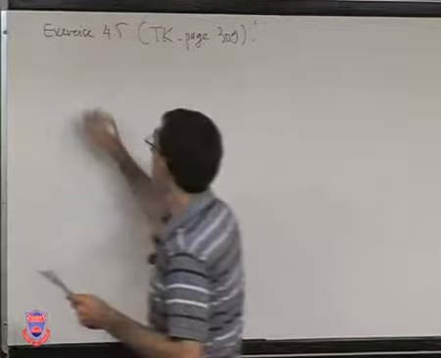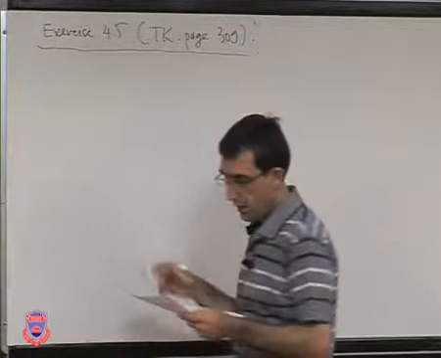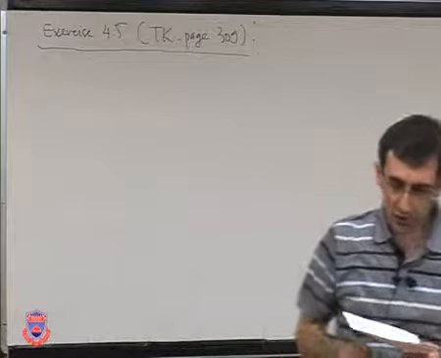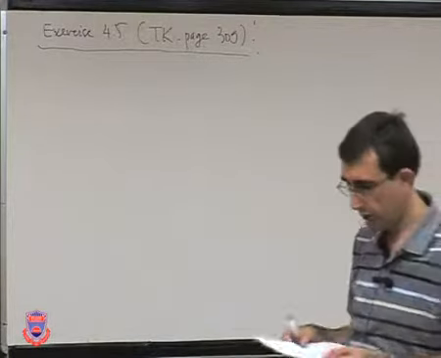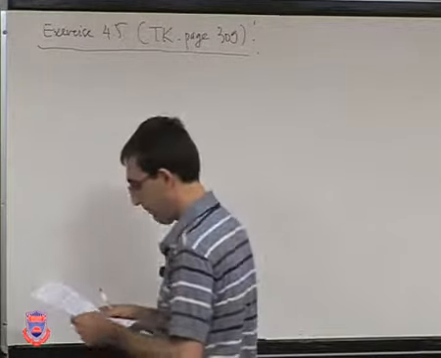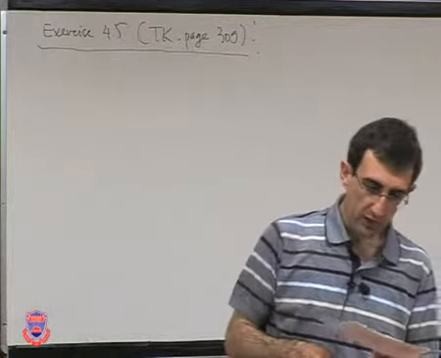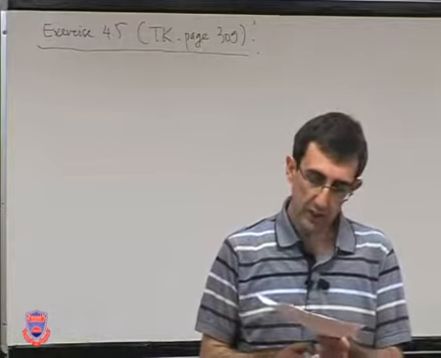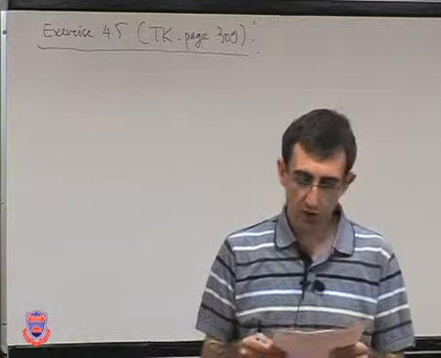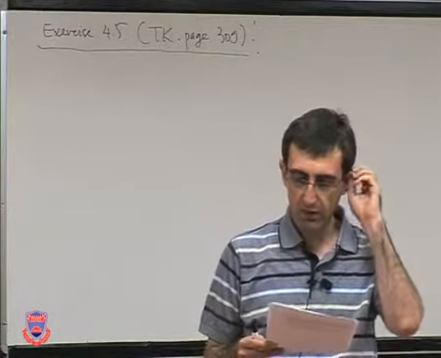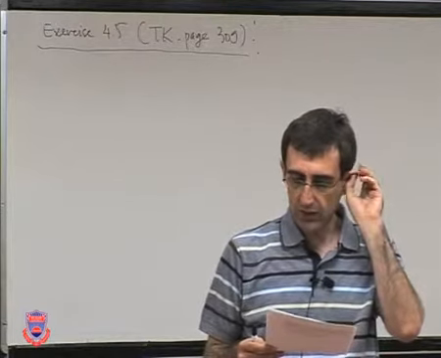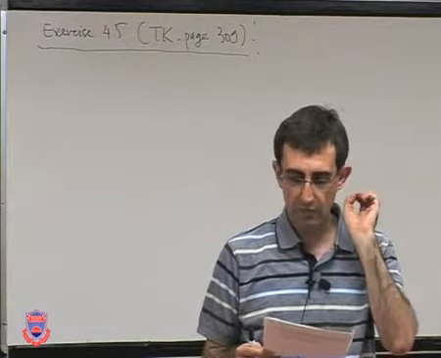Now customers arrive at a certain facility according to a Poisson process with rate lambda. Okay. And each customer who entered the system spends a time in the store that is a random variable, exponentially distributed with some given parameter alpha.